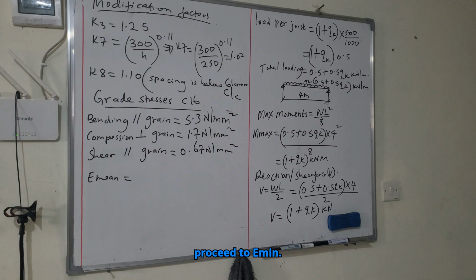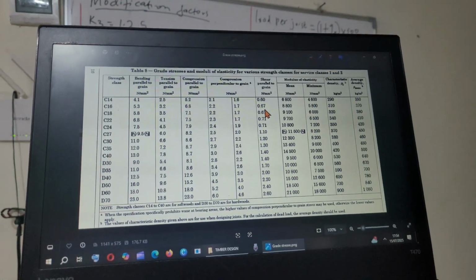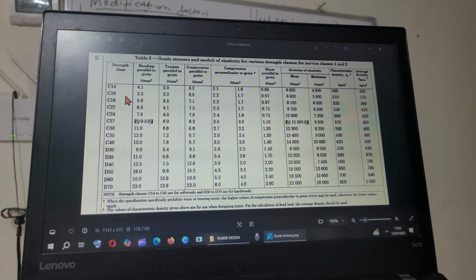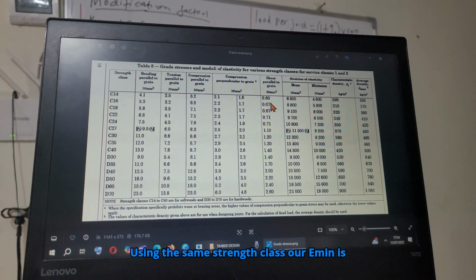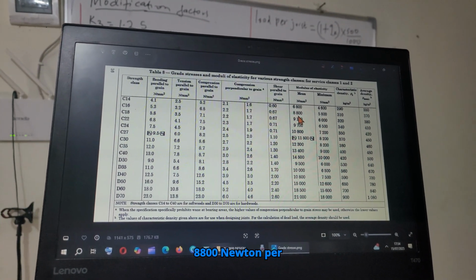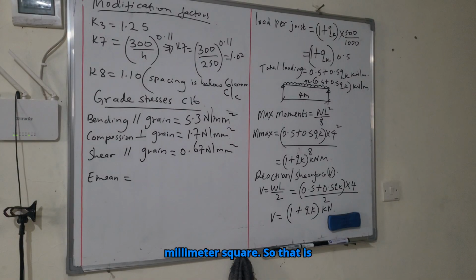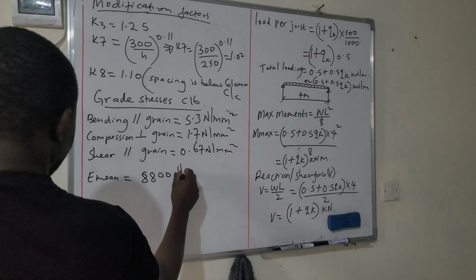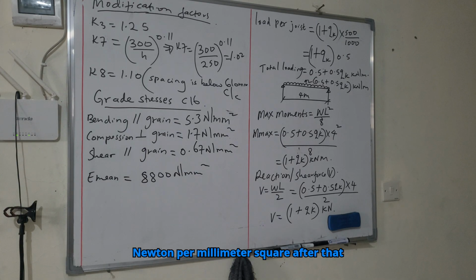And then we'll proceed to E mean. Using the same strength class, our E mean is 8800 Newton per millimeter square. After that, you'll proceed to permissible stresses.